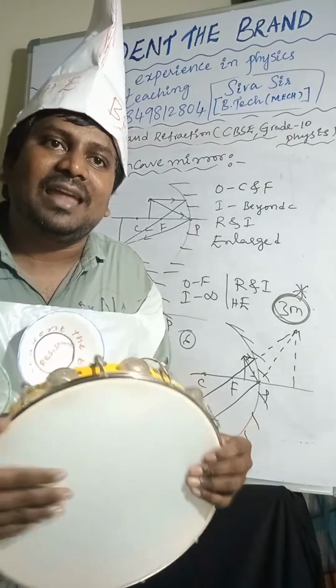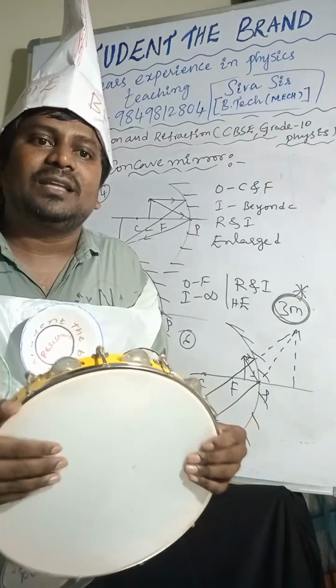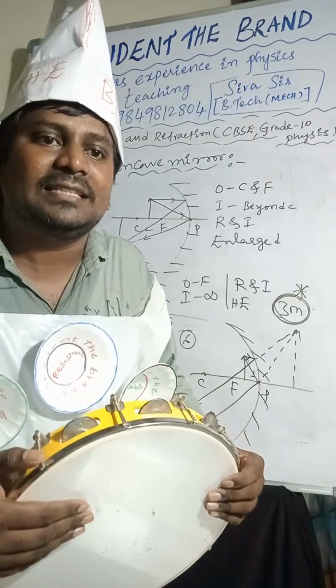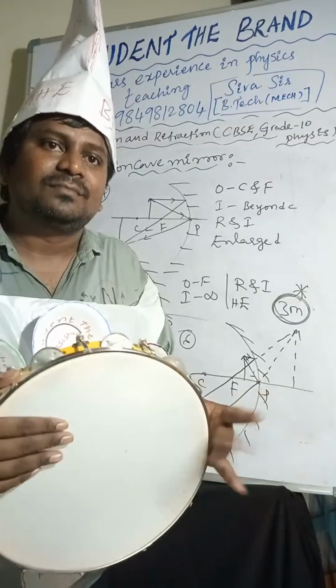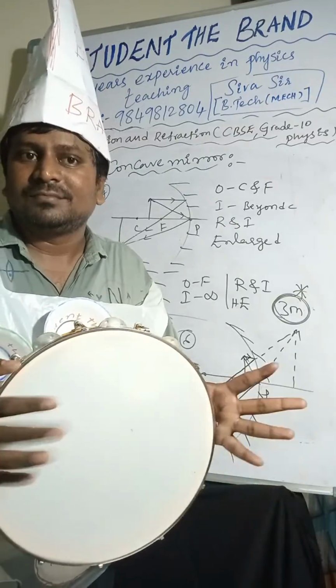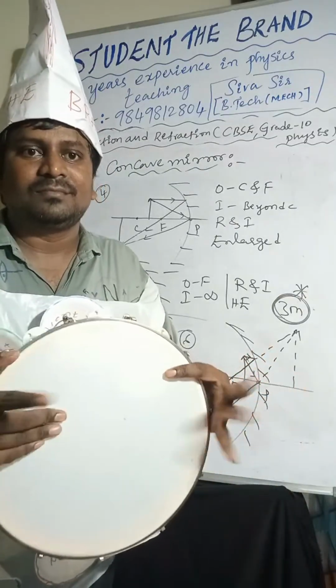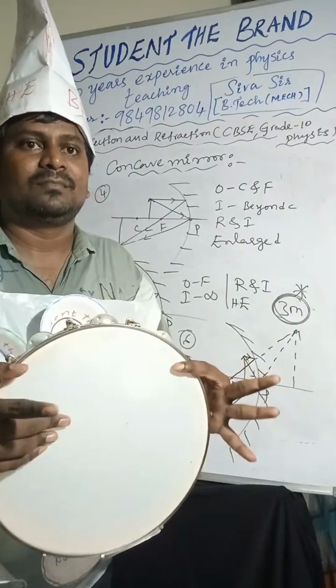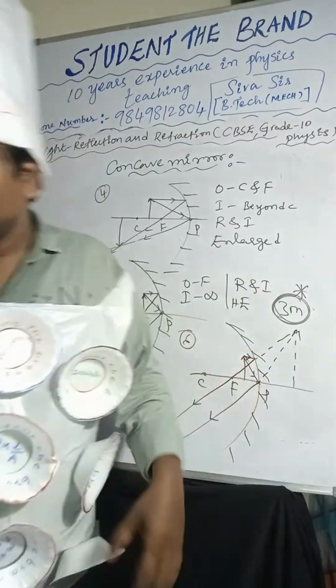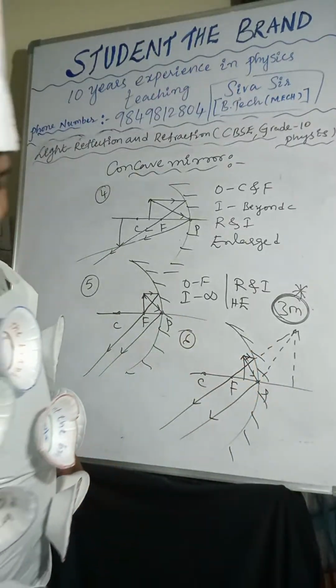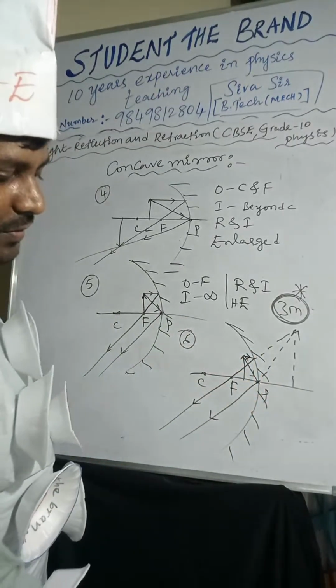Distance is negative below the principal axis. Okay, done. Next one.